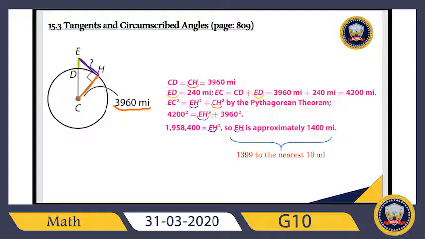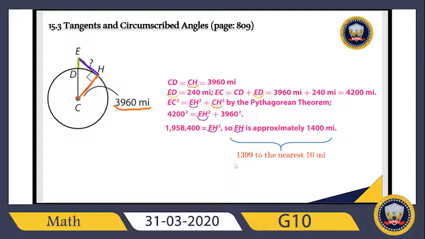Now, what is EH? Of course, EH squared is 4,200 squared minus 3,960 squared, which is 1,958,400.